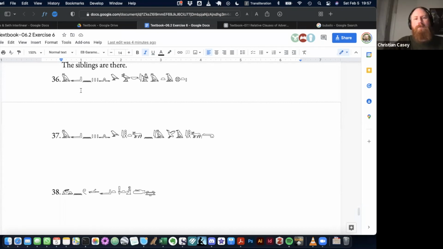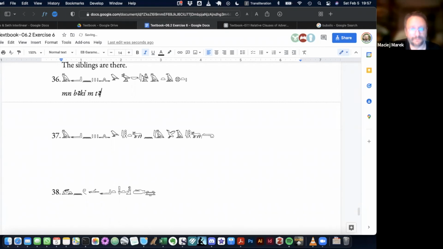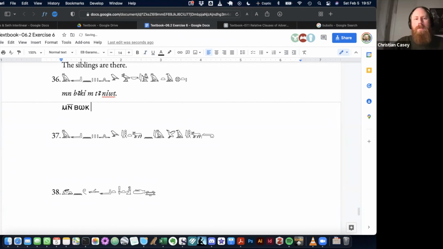So men, Baki, and Tanewet. In Coptic, men, Bok. M or hen. We're using N in here just to make it match the late Egyptian, but yeah, Hen would actually be better for fluent Coptic.